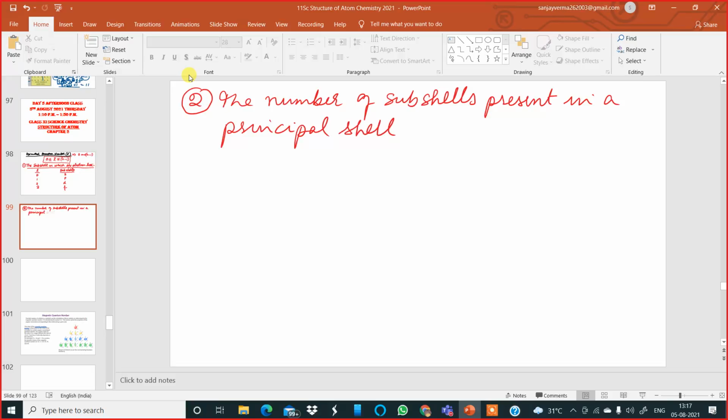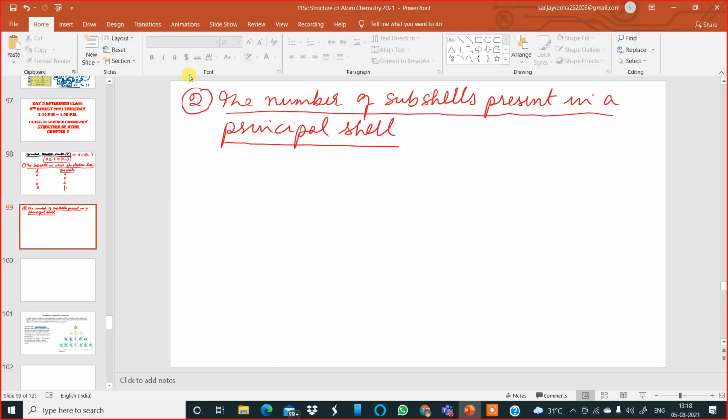This is the second information provided by the azimuthal quantum number. That means if you know the value of the azimuthal quantum number, it is also going to tell you the number of subshells present in a principal shell. For example, let us see the possible combinations of n and l.